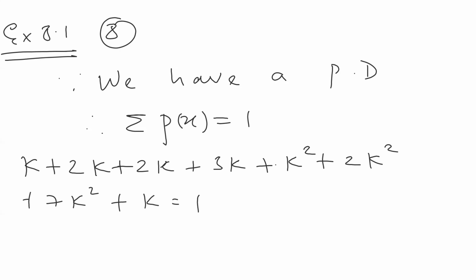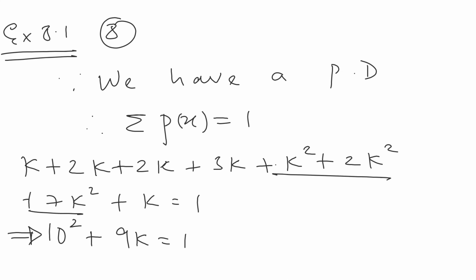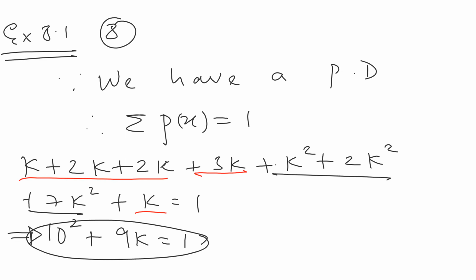Now see, so we'll get 10k square plus, add up all the k's, 9k is equal to 1. I added all the k's, okay? The red colored are k's. So I'll solve this on the next page. Therefore, 10k square plus 9k minus 1 is equal to 0.